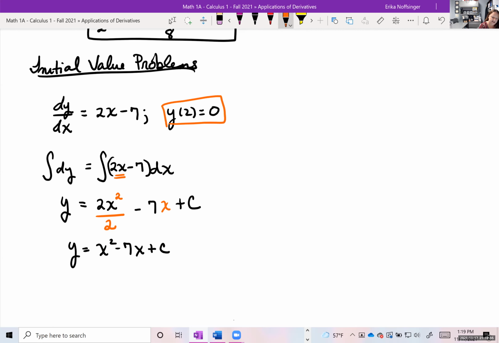But we're given an initial value. So when x equals 2, y is 0. And so we can figure out then what c is. So y is 0, this is equal to when x is 2, so 2 squared minus 7 times 2 plus c.